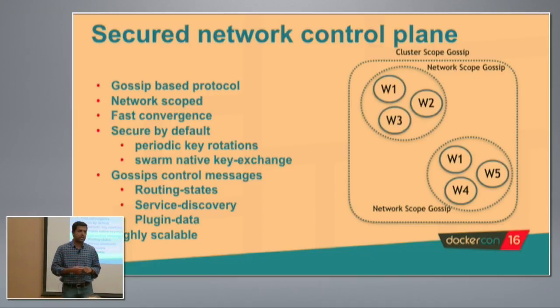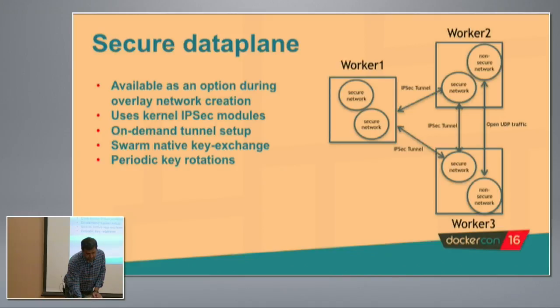Every network gets its own gossip scheme, so it's encrypted, and a man in the middle cannot spoof the data to change the routes. We use the gossip for route states, plug information, service discovery, and so on. The data plane is secured as well: we use the kernel's IPsec modules for encrypting your VXLAN tunnels, so data is encrypted from day one.